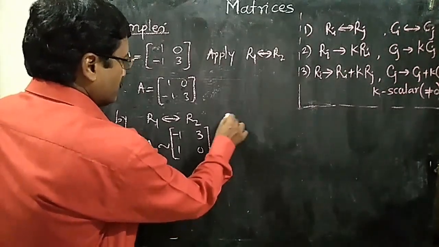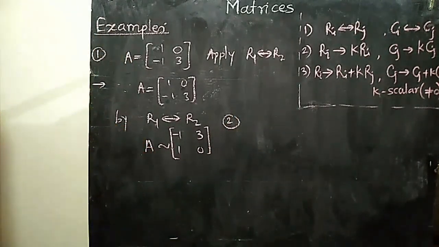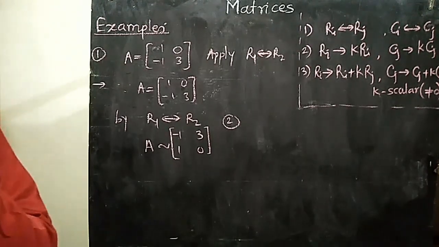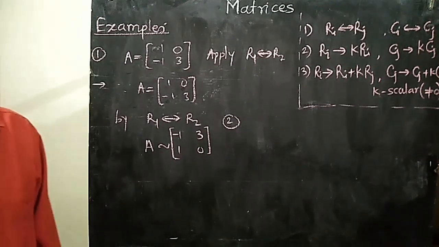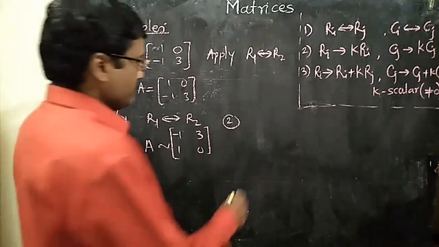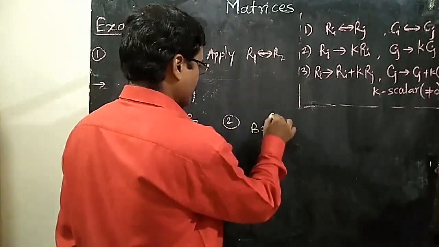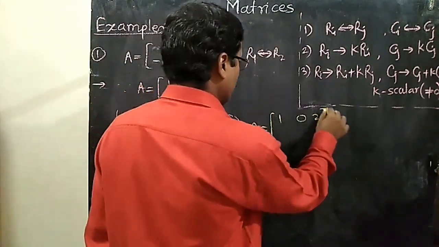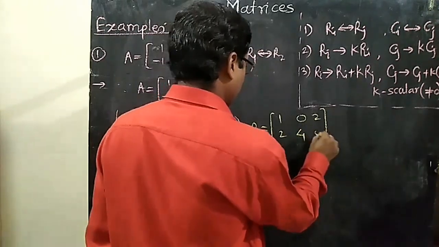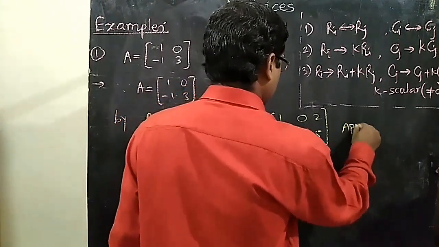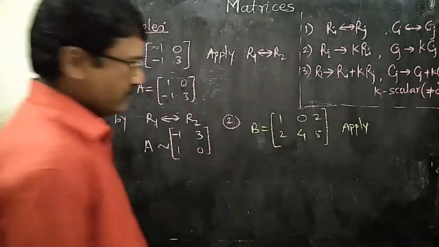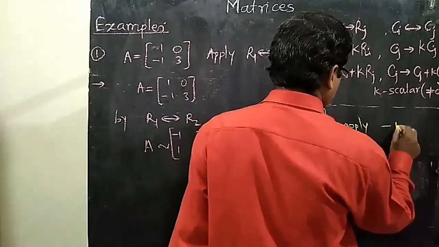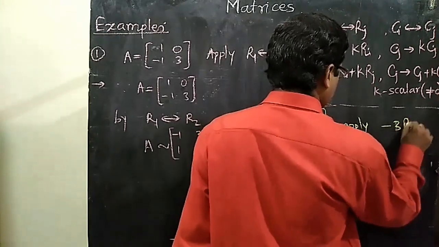Let us see another example, number 2. B is 1 0 2 and 2 4 5, and the question is asked to apply minus 3 times R1.